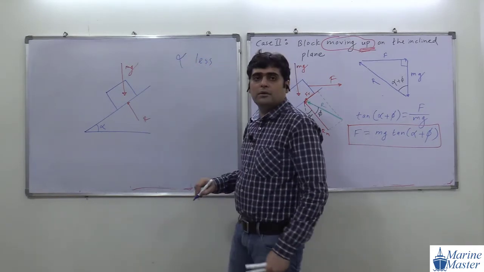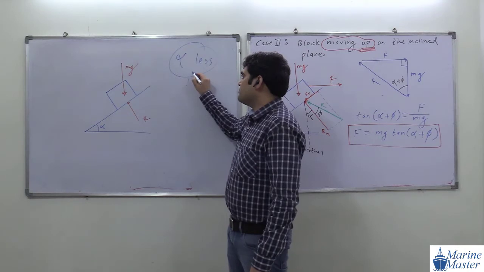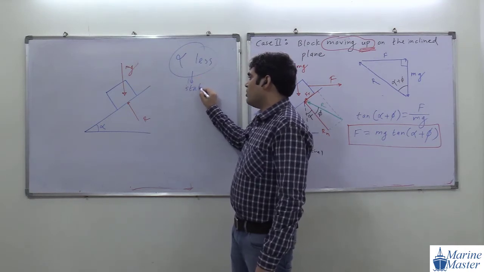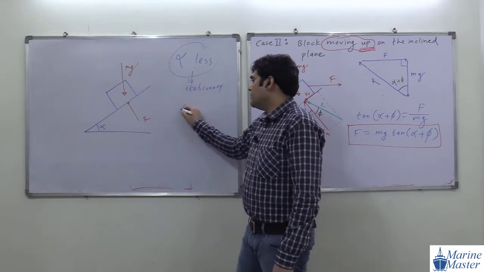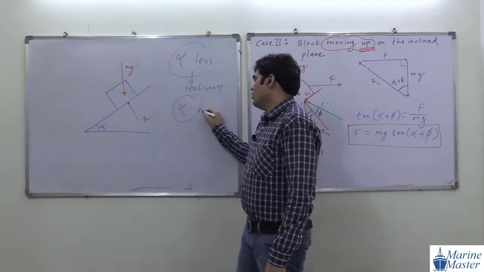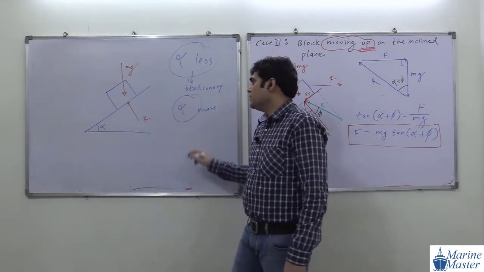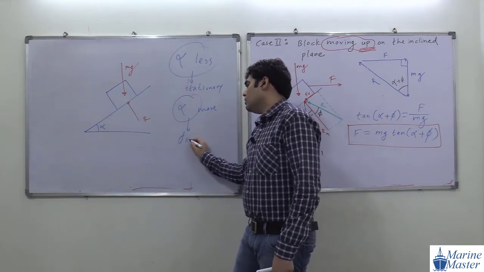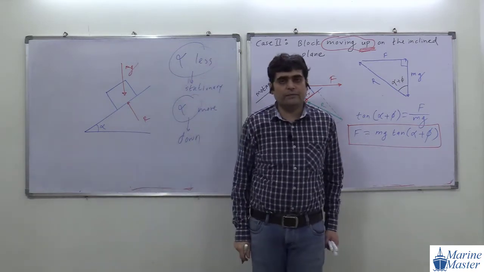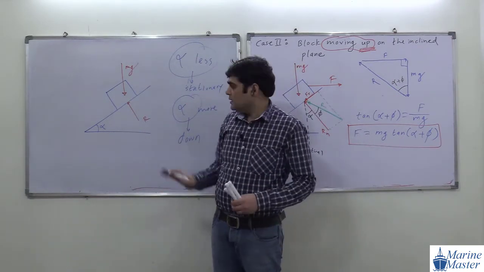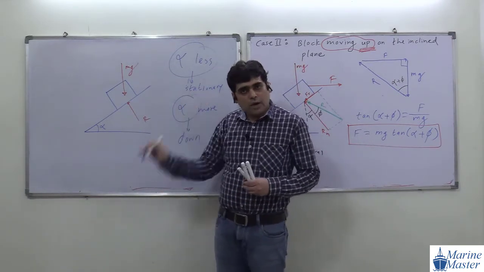If the value of alpha is less, then the object is stationary in this scenario. If the value of alpha is more, the object will go down the plane. Only weight is acting and the object tries to move down.